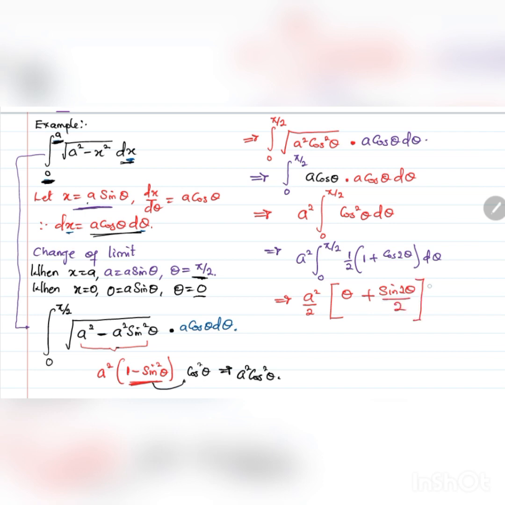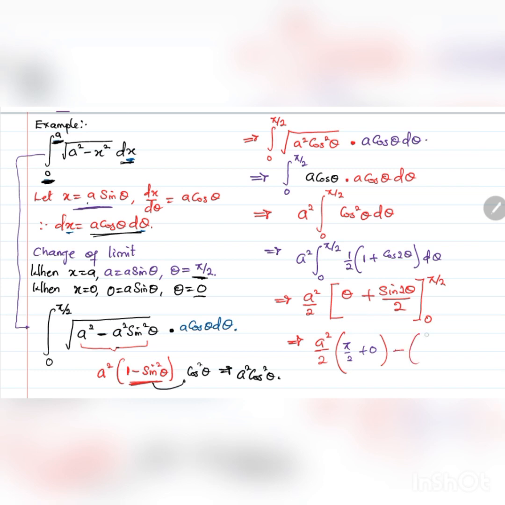Okay, then we have our boundary, that's from 0 to pi over 2. Now when I substitute by definite integral, I have a square over 2 into bracket. When I substitute upper boundary for this, I have pi over 2 plus, when I substitute pi over 2 here, that will give us sine pi. And sine pi is what? It is 0.